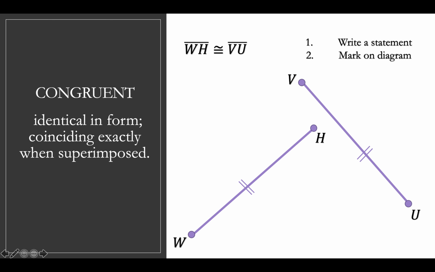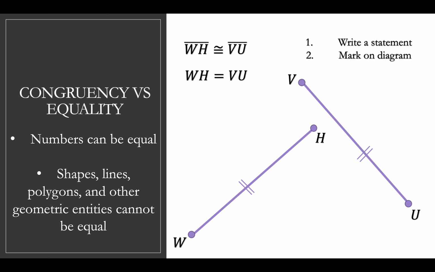Now, let's talk about congruency versus equality. Numbers can be equal to each other. Things like shapes, lines, polygons, and other geometric entities cannot, all right? So I would never say that line segment WH is equal to line segment VU.